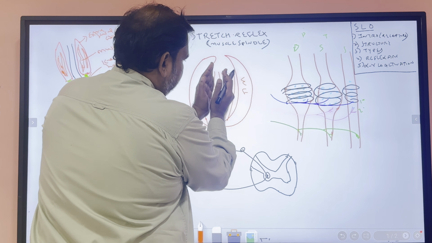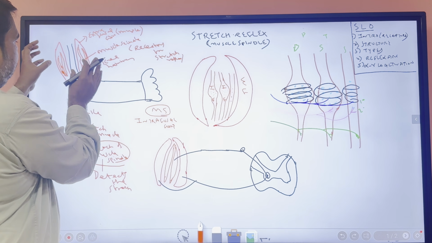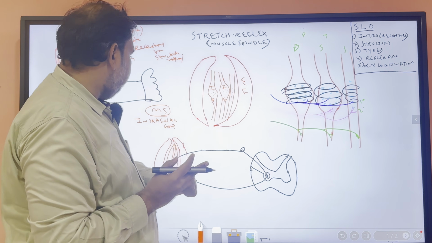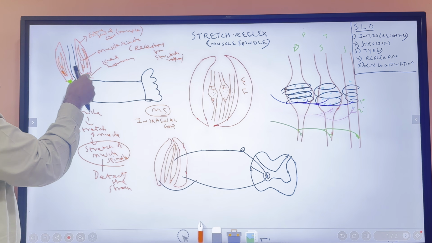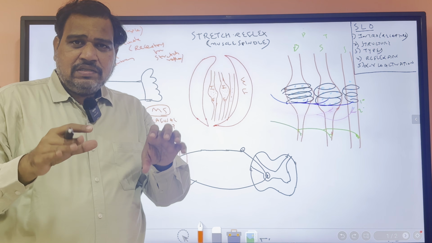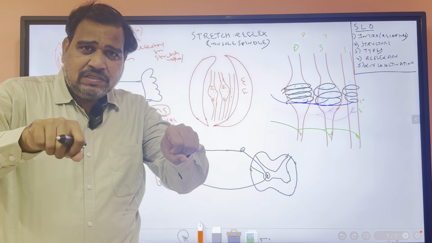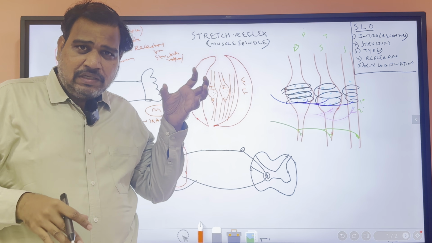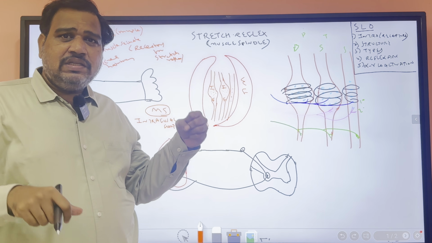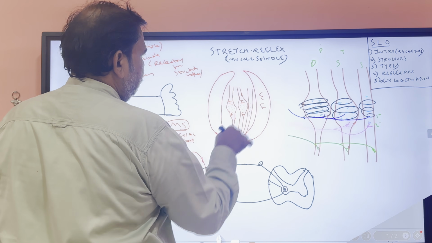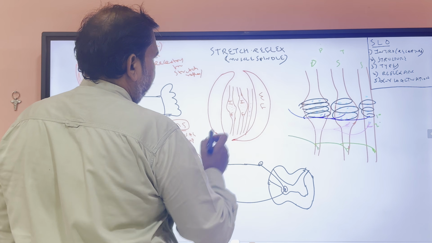And this intrafusal fiber is a part of the muscle spindle. Very, very simple. So when I am striking the tendon, the muscle is stretched, which involves the muscle spindle also. When the muscle spindle is stretched, that is detected, and the length of the muscle stretch is detected by the muscle spindle.